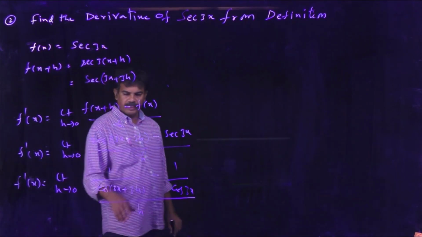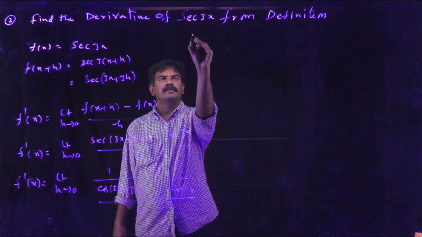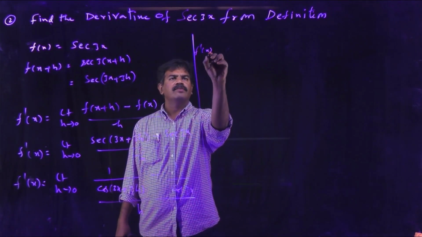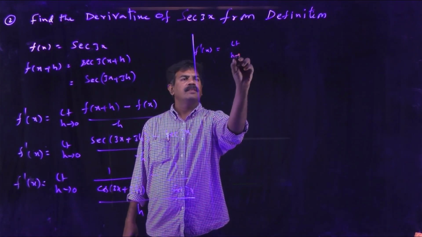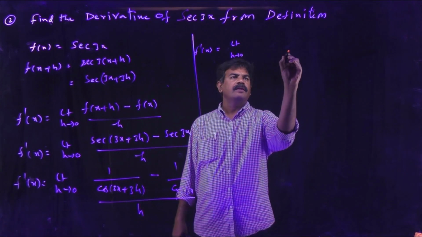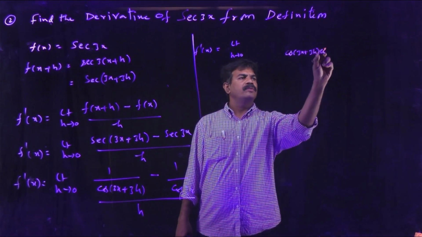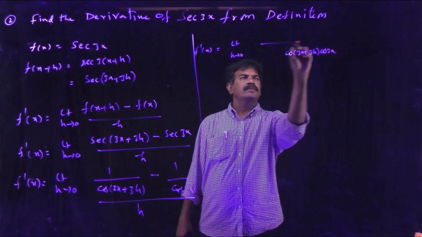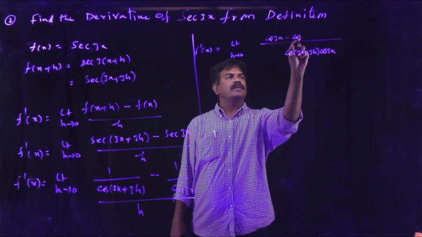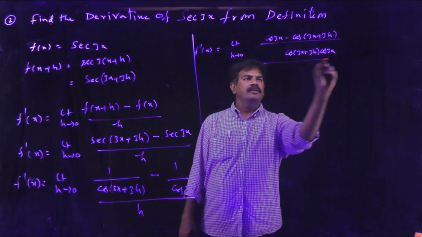Now we take the LCM on numerator, that is f dash x is equal to limit h tends to 0. The LCM is cos of 3x plus 3h into cos 3x, that is we get cos 3x minus cos of 3x plus 3h by h.